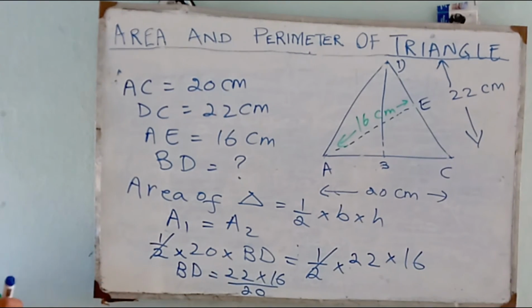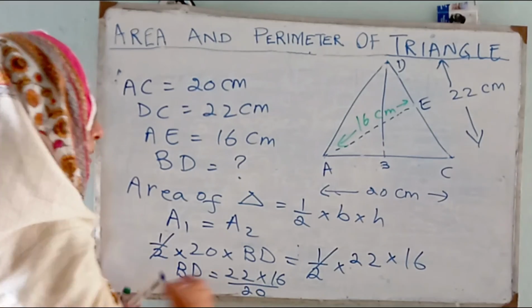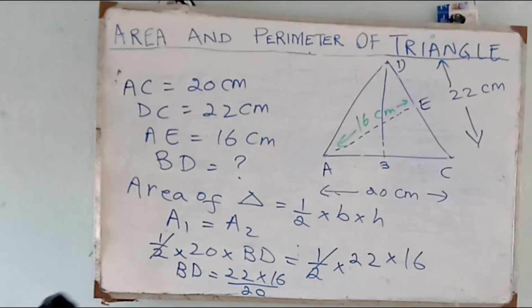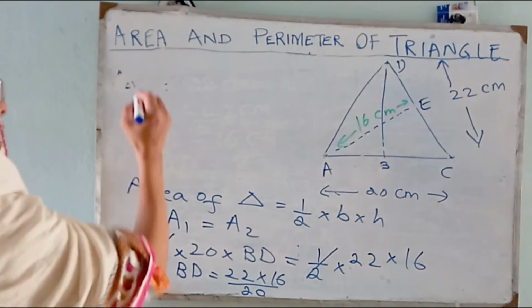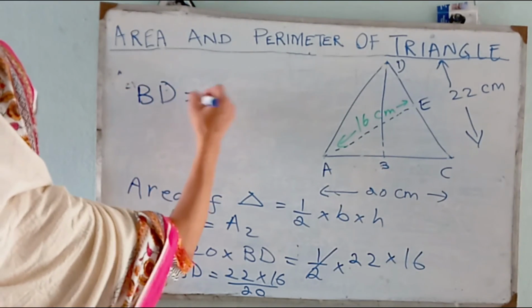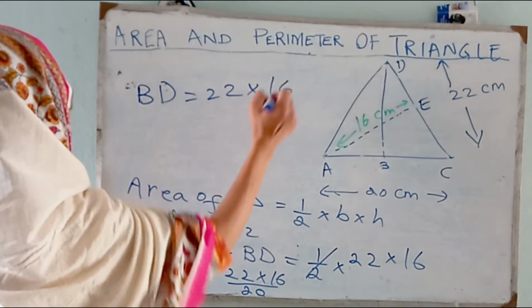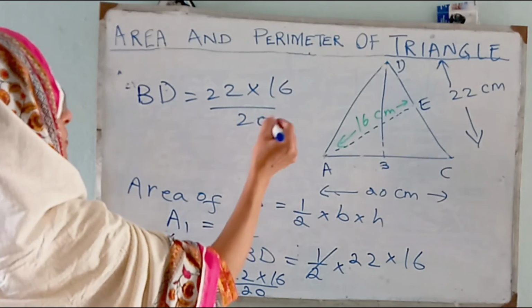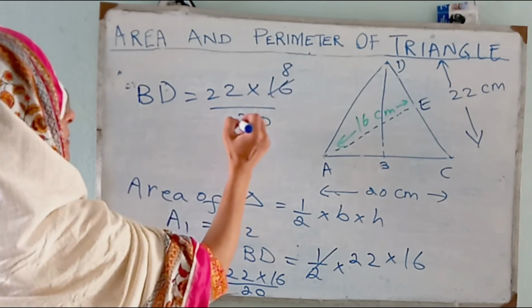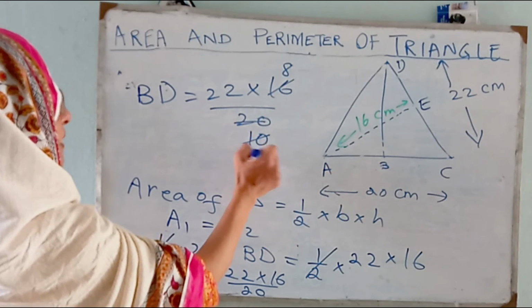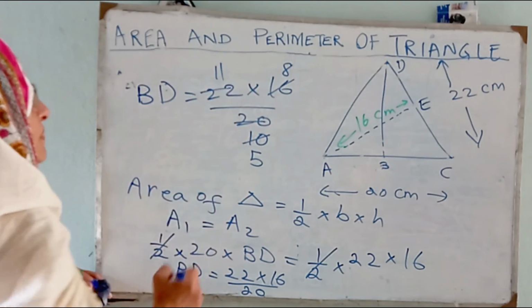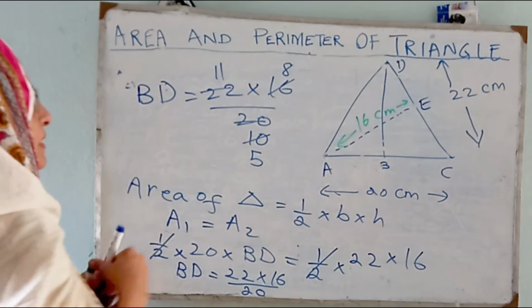When you simplify it, BD is equal to 22 multiplied by 16 over 20. 2 10s are 20, and 2 8s are 16, and 2 11s are 22, and what are we left with?